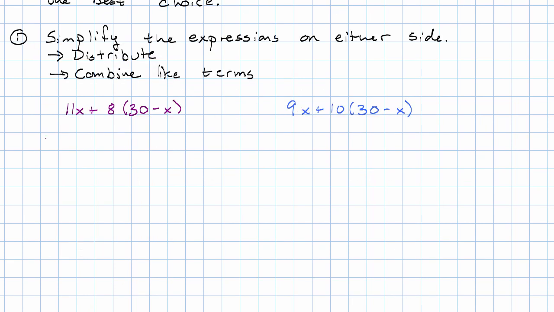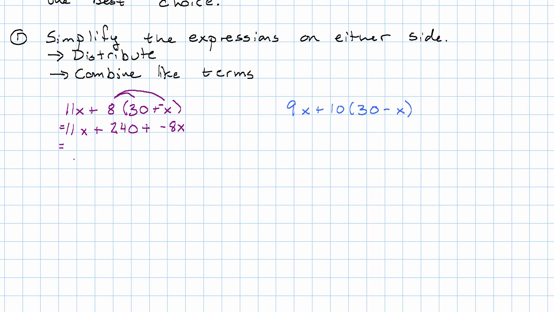We simplify these separately. So working with the expression on the left, I'll use the distributive property. 11x plus 8 times 30 is 240 plus 8 times negative x is negative 8x.